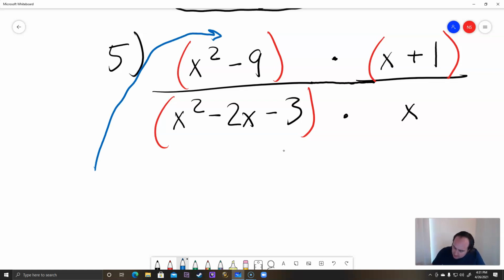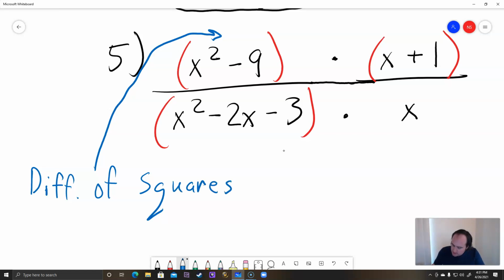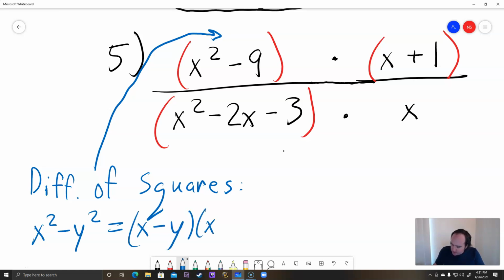That's the one we learned earlier in this course about how to factor a binomial. That one says x squared minus y squared equals (x minus y) times (x plus y).